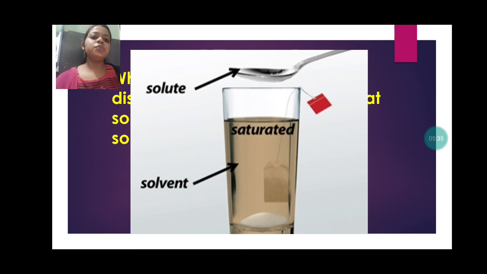Suppose you have added 1 spoon of salt, it has been dissolved, second spoon is also dissolved, third also, fourth also, but the fifth spoon is not getting dissolved. That means that solution has become saturated and you cannot add more salt in that. Okay, that is known as saturated solution.